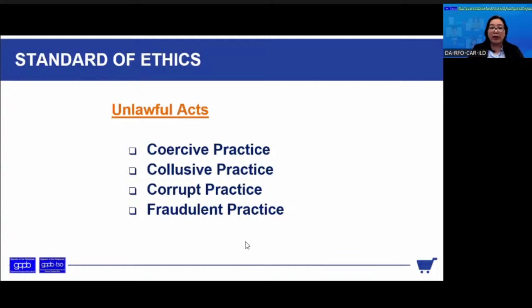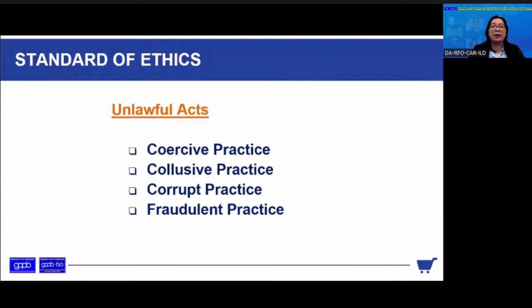Artificial, ibig sabihin, kunyari, nagbibidding-bidding sila pero hindi naman. Such that it becomes non-competitive and it prevents the free and open competition as envisioned by the procurement law, no? So medyo mahirap din siya, no? So I mean, it's not allowed under the rules.